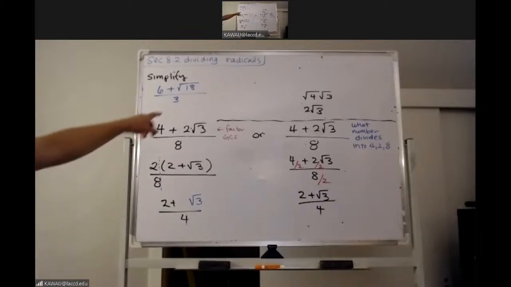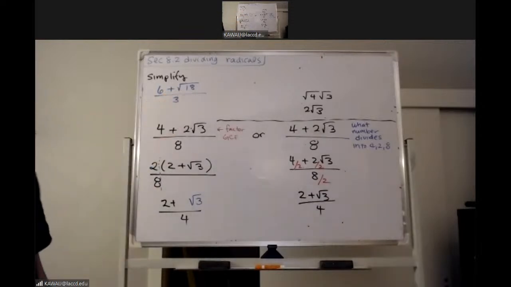Okay, so do this one. Simplify this right here, that square root of 18. Think about this: 4, 9, or 25 divided into 18.